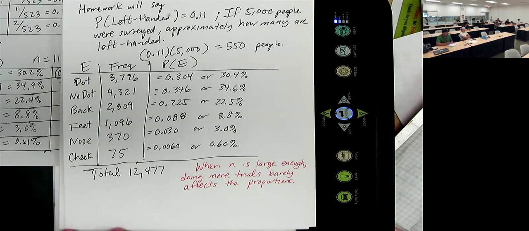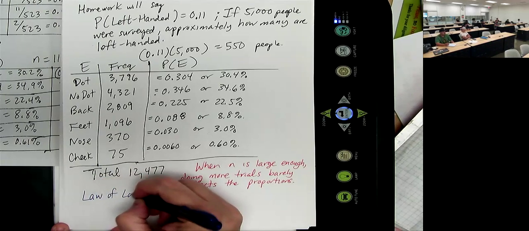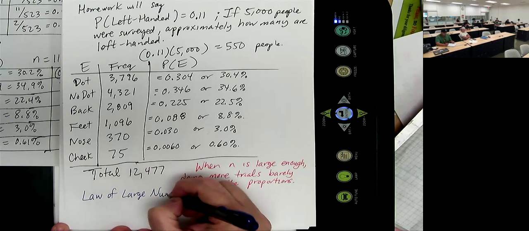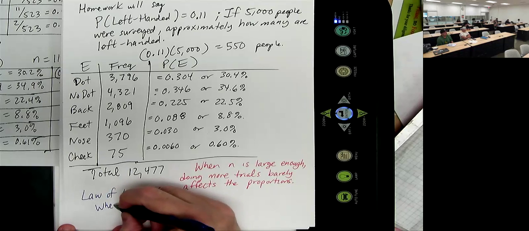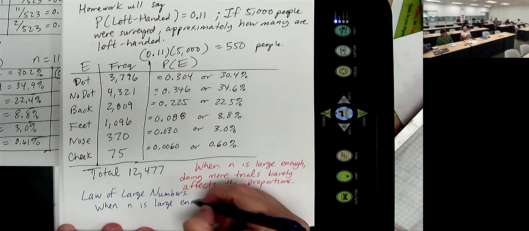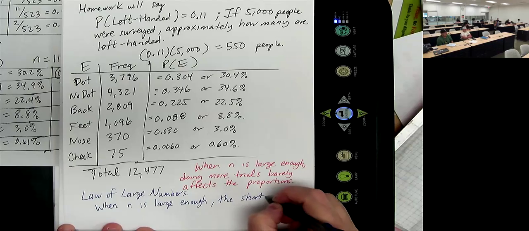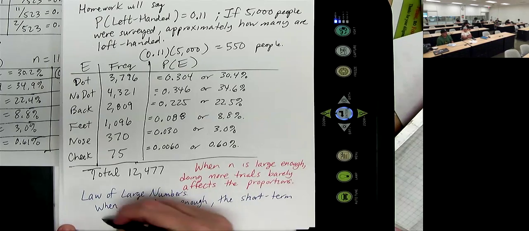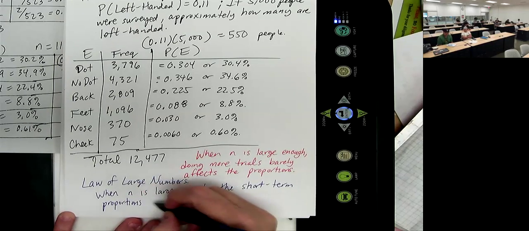This is called the law of large numbers. When n is large enough, the short-term outcomes, short-term proportions, approach the true probability.